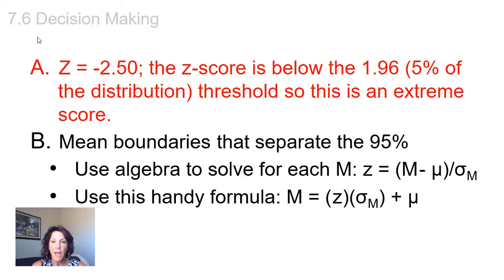So we can use algebra to solve for each boundary, and I'm going to demonstrate that. Or we can use a handy formula. You'll recognize it as being very similar to the formula that we used when we didn't know a score, but we knew the z-score, the standard deviation, and the population mean. So let's work these out.